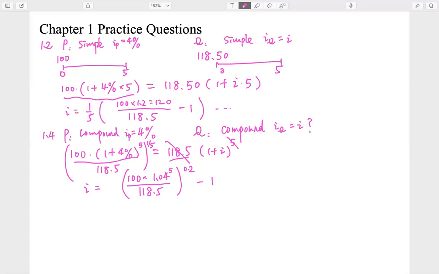By the way, the final result is about 0.25%. So it's a lot less than 4%. Here, if you try, this is about 0.53%. Again, my preference is to write the interest rate in percentage and to keep 2 decimal places.